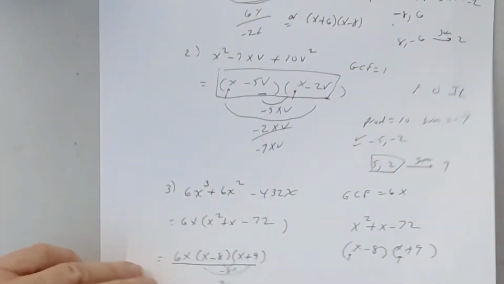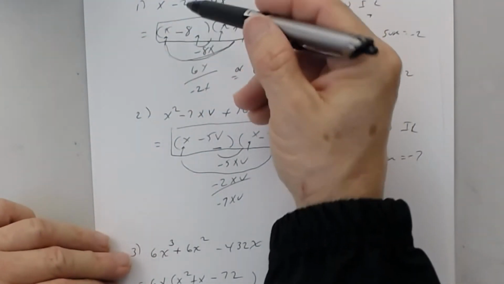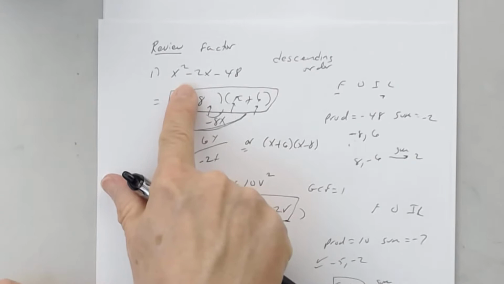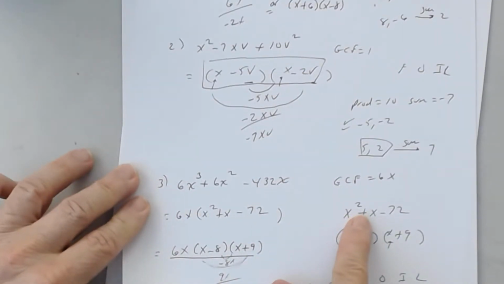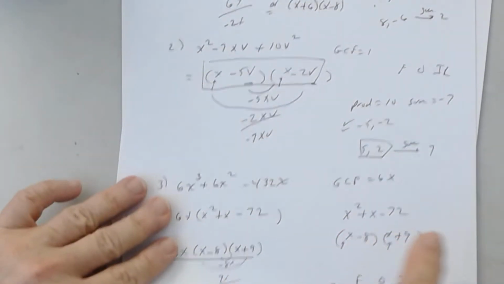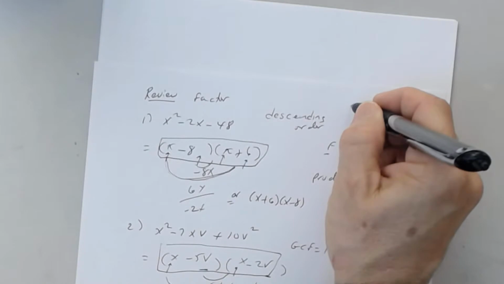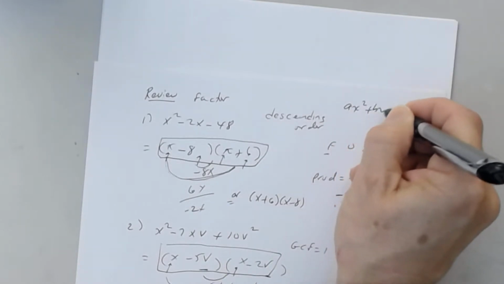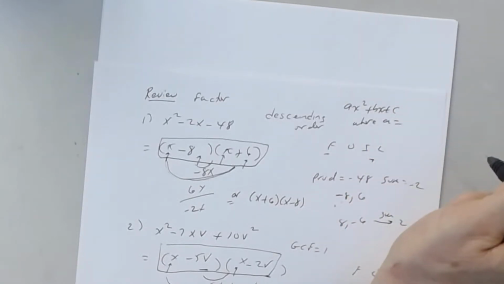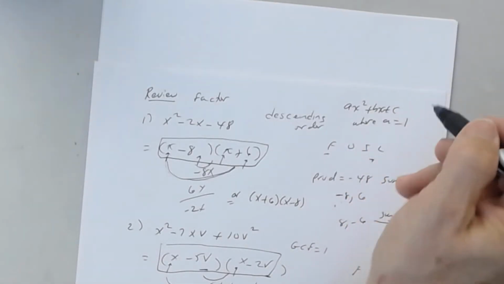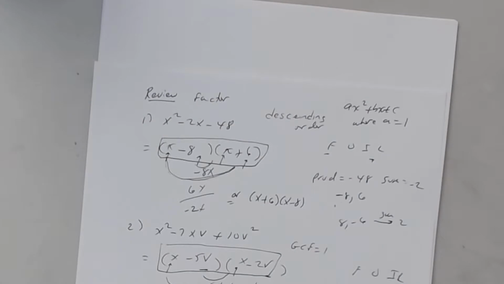Okay, now what we're going to do now, notice that when I factored number 1 and number 2 and number 3 here, that was the form ax squared plus bx plus c, where a was equal to what number? 1. Okay, so if a is 1, that's the easy kind.